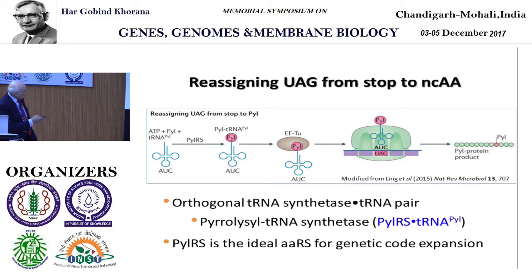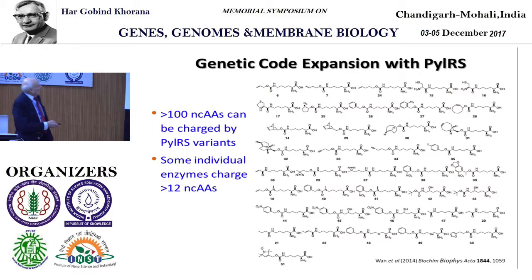So this is orthogonality. And PylRS, we now know, is the ideal synthetase for genetic code expansion. So the genetic code can be expanded with PylRS.